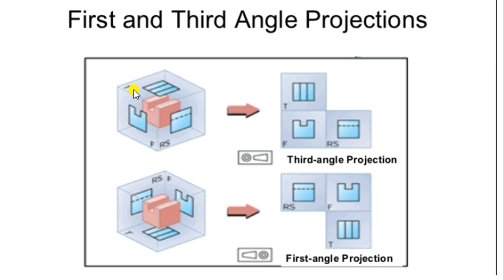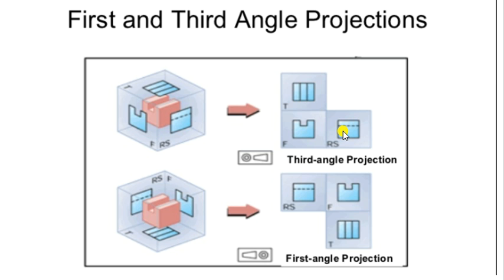If front view is given on a particular plane, that means observer is looking from that side. In third angle projection method, if a right side view you have to draw, then it should be drawn on the right side of the front view, on the first figure on the top right corner you can see.